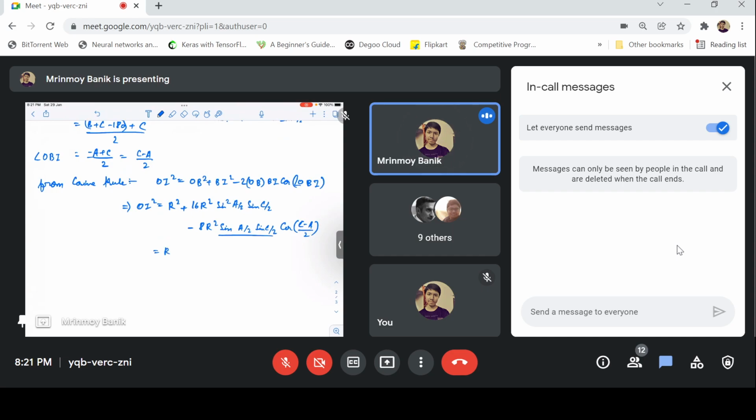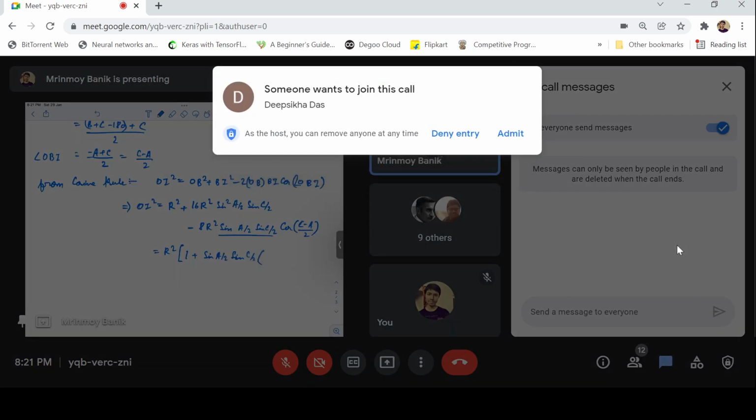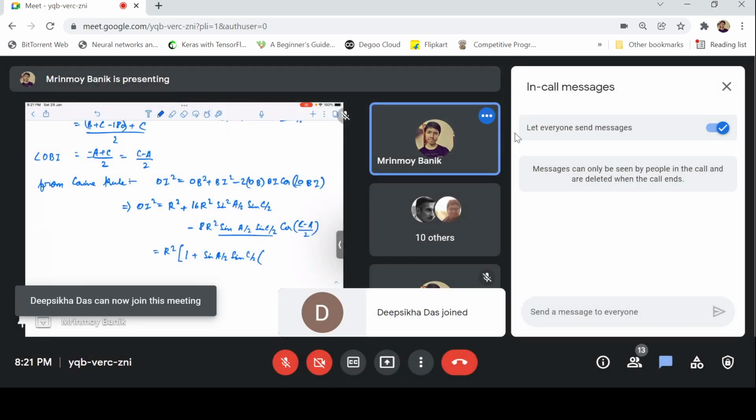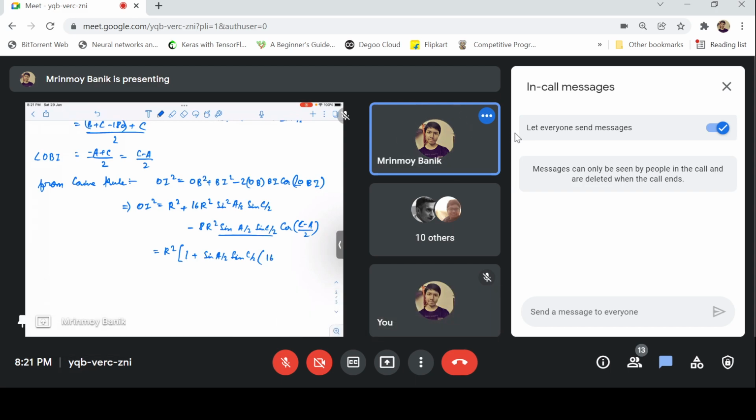Taking R squared common, then sine A by 2, sine C by 2 common. We can even take the 8 common.